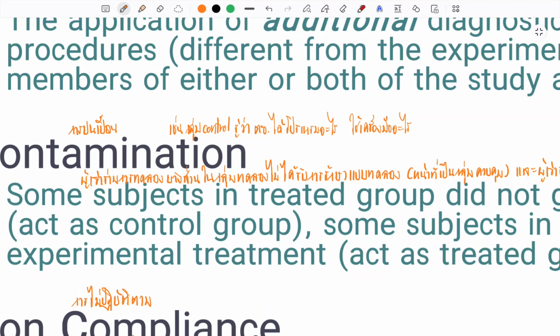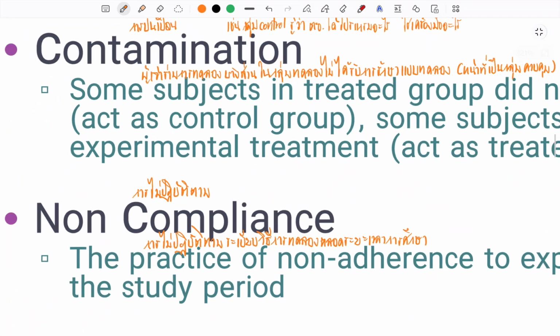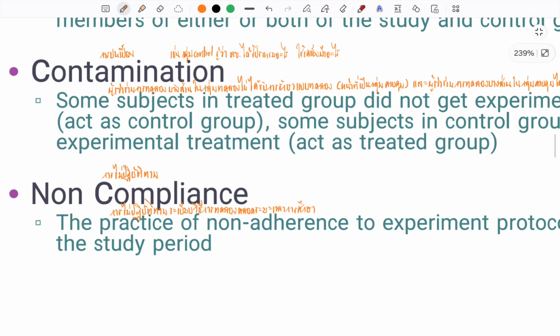So it might be easier for those who conduct studies with an instrument like TMS or ultrasound or laser, because you can use the sham dose and the patient doesn't know which group they are in. But it might be difficult for those doing home-based exercise, because they will know exactly what they receive. It might be difficult for them to prevent contamination.